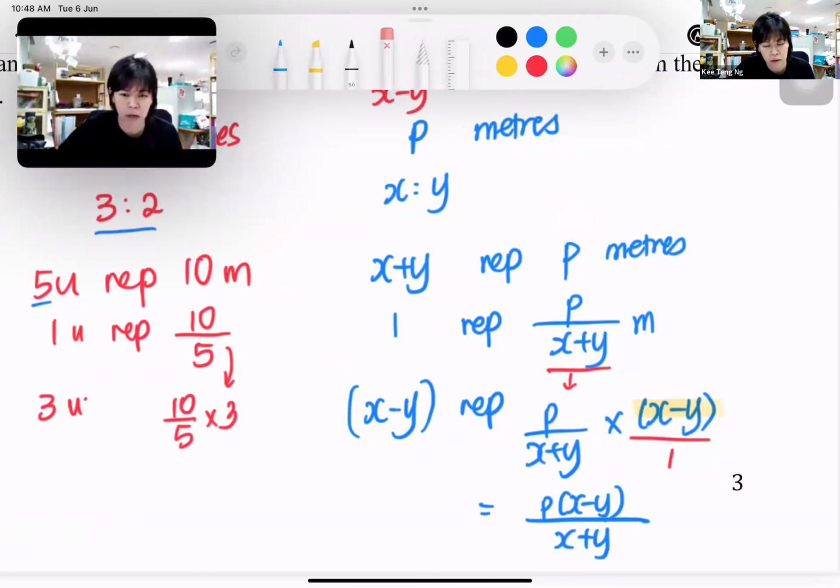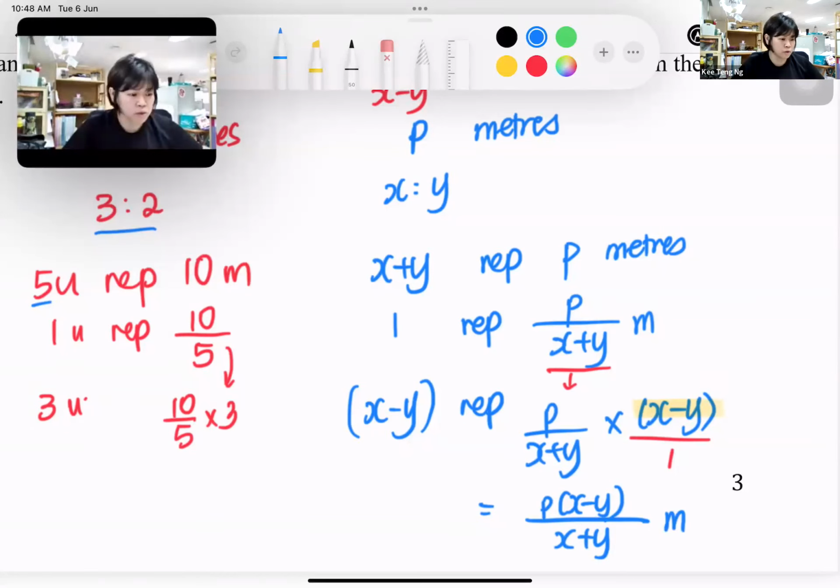Is there a need for me to expand? No need. If I expand wrongly, they may deduct my marks, so I just be safe, do whatever is necessary, as long as it can be read. So this is the answer. Anyone need me to explain this question again? If you need me to explain again, give me a cross, then I repeat. Otherwise give me a thumbs up, then go on to the next question.